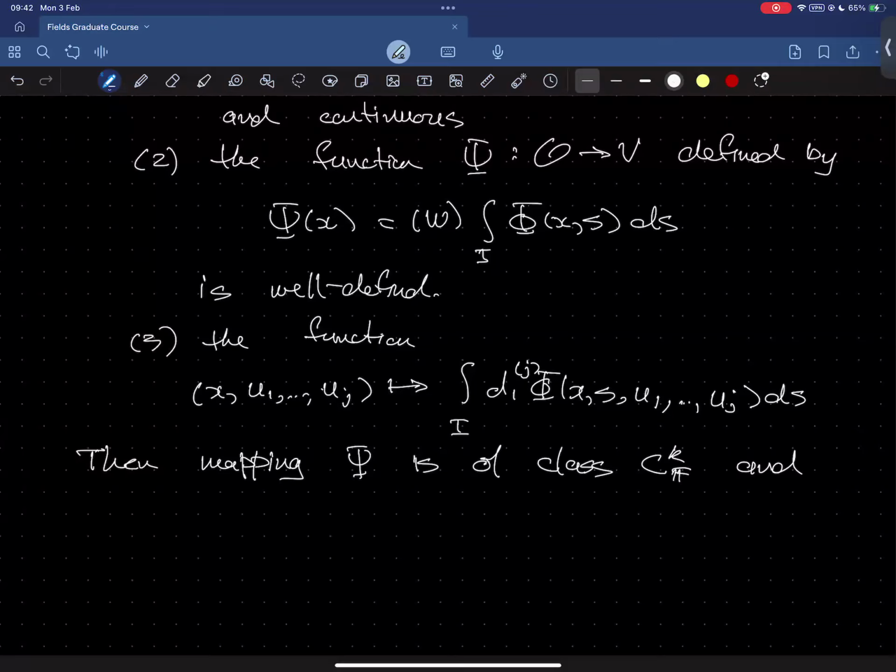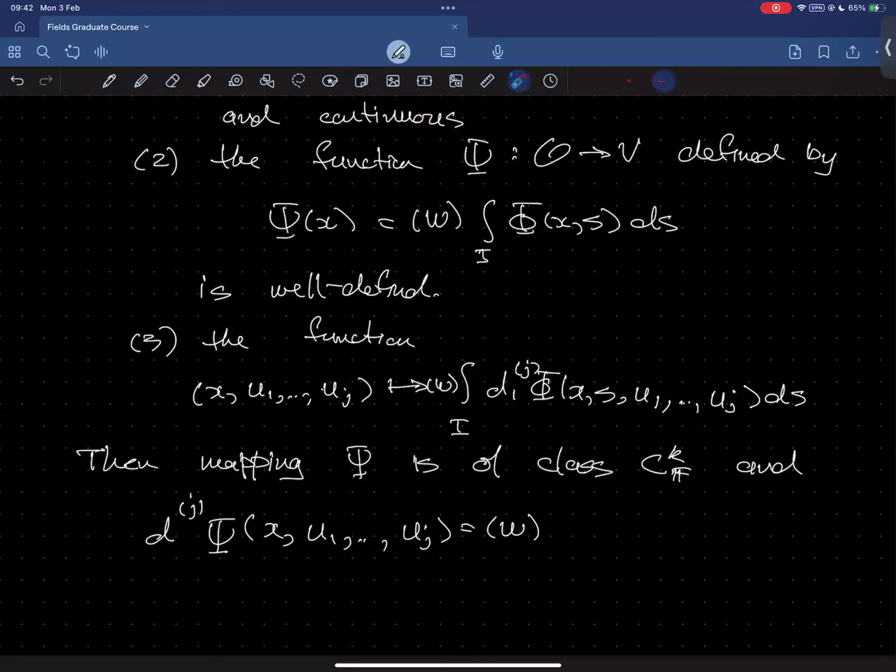What the formula that I'm about to write down says is that the derivative of the integral is the integral of the derivative. So d j psi of x, u1 up to uj is, sorry, I often forget my weak integral here, the weak integral of the derivative.